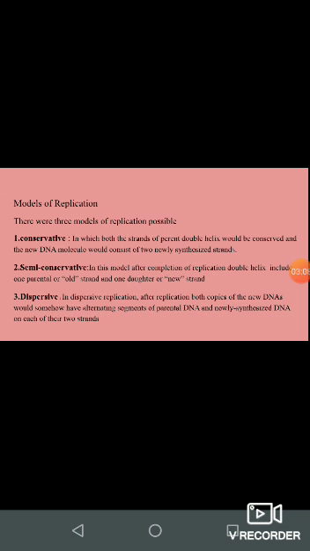According to the double helical structure model proposed by Watson and Crick, there are three possible ways of replication. They are called conservative replication, semi-conservative replication, and dispersive replication. The first one is the conservative model.